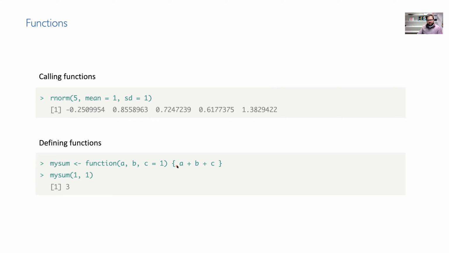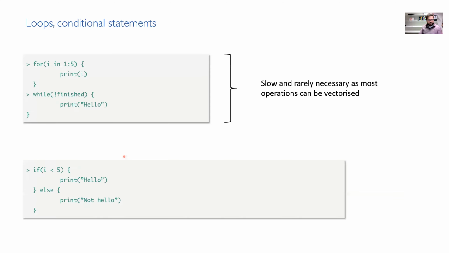Then this function returns a value that is just equal to the sum of these 3 arguments, A plus B plus C. Now if I call this function, I set A to 1 and B to 1, and C is 1 by default, so I don't have to state that. I only have to state that if I want C to be a different value. Then this function returns the value of 3. Just like in any other programming language.